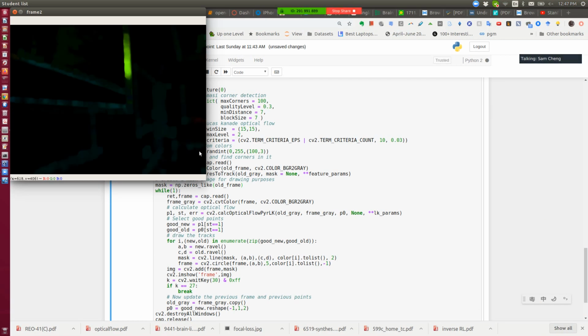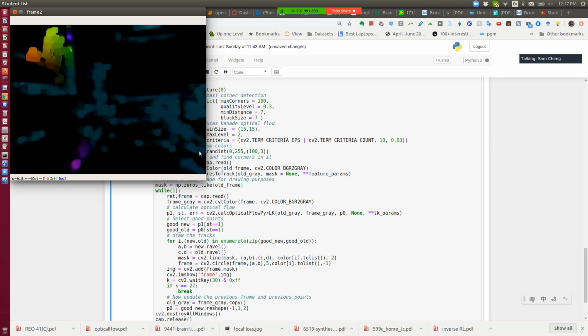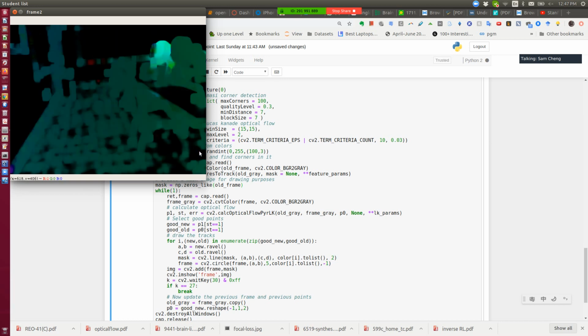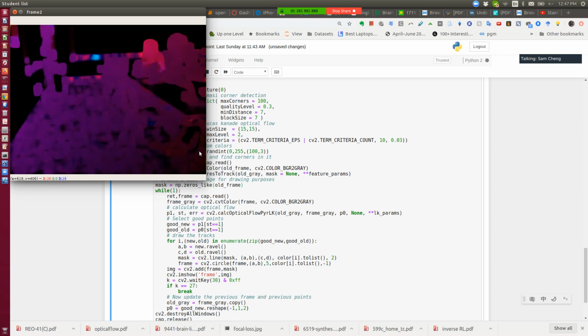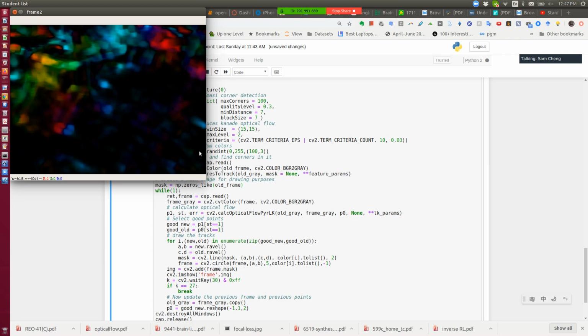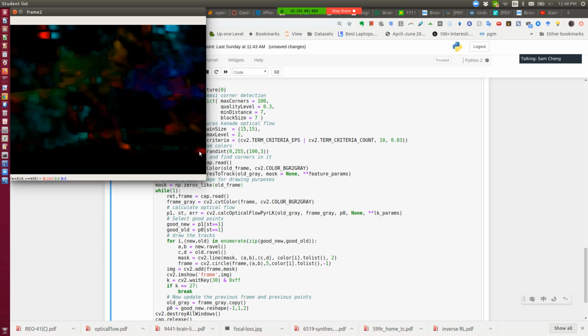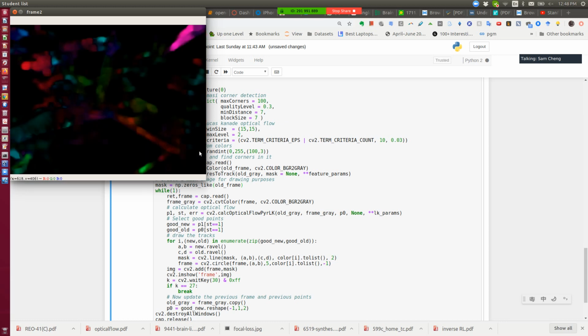Okay, yeah, that's the Farneback. It's hard for me to hold steady, I guess. Maybe I should choose something a little bit more steady. Okay, just put it here.